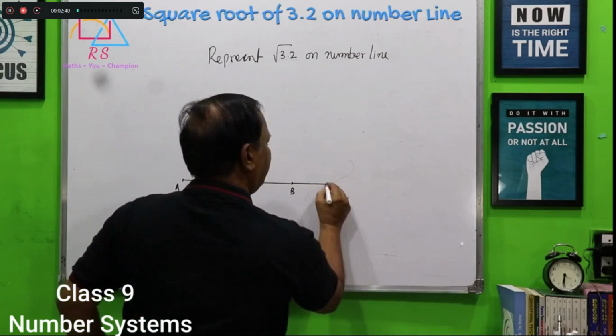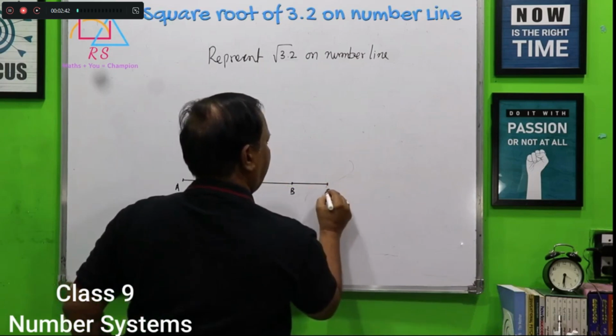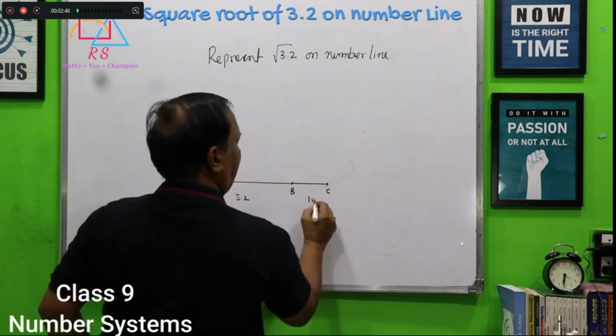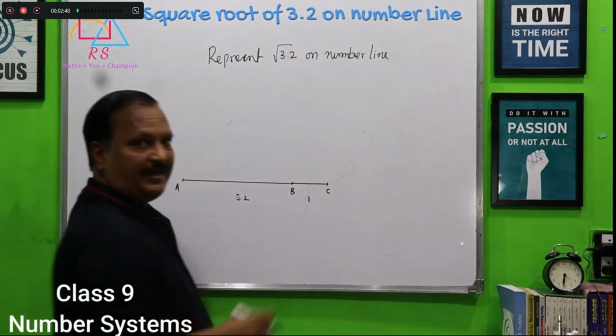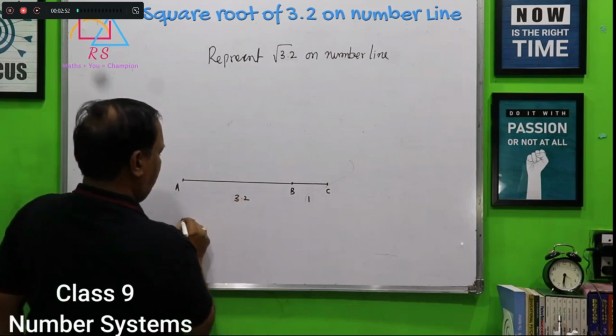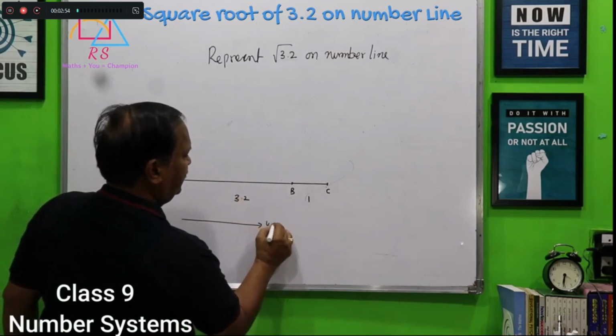So this is one more unit. I'll write U, otherwise I won't write anything. So this is 3.2 and total is how much? 4.2.